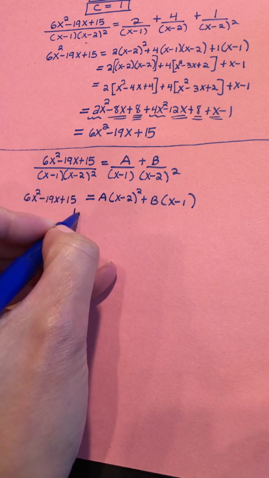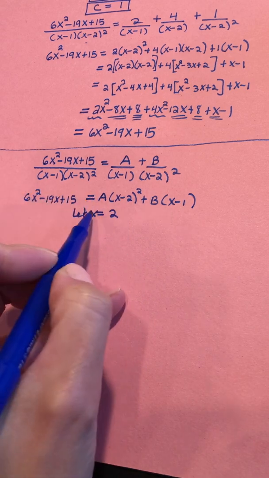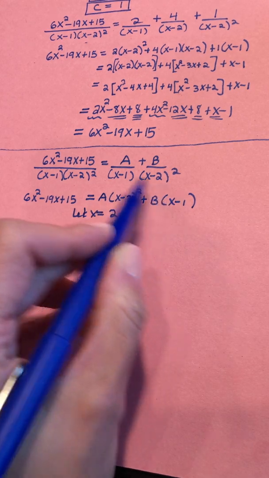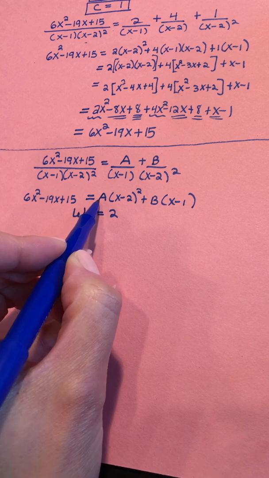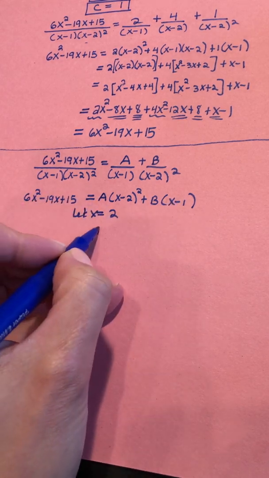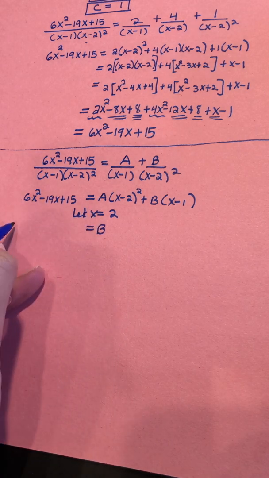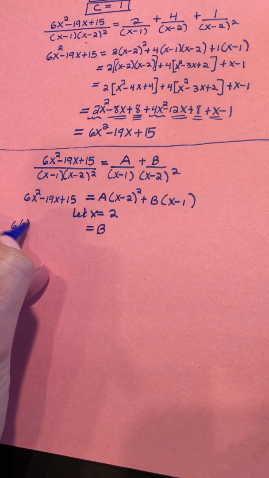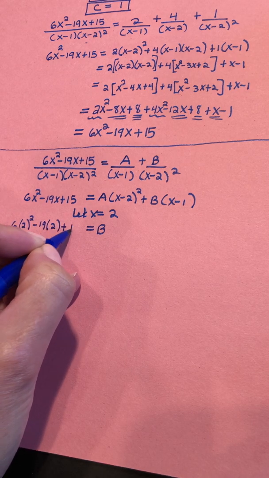So let's let x equal 2 because we want to solve for B. If x was 2, the A term would drop out, and 2 minus 1 is 1, so I would have B equal to, and let's put a 2 in for x, 6 times 2 squared minus 19 times 2 plus 15.